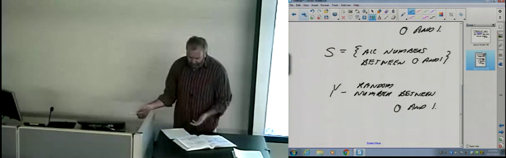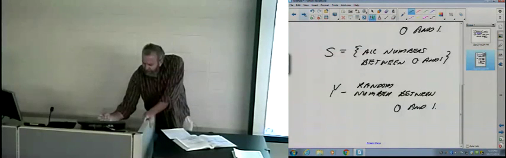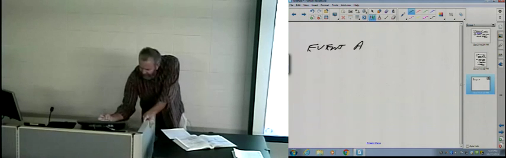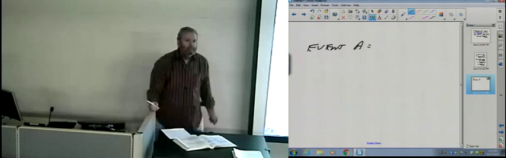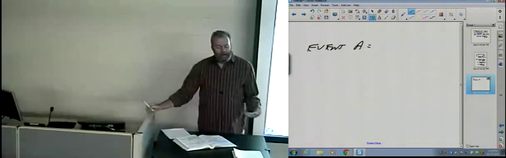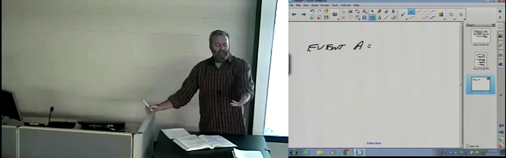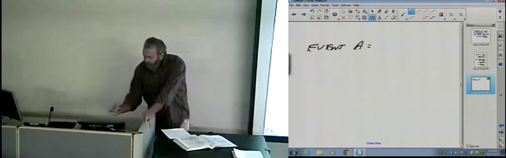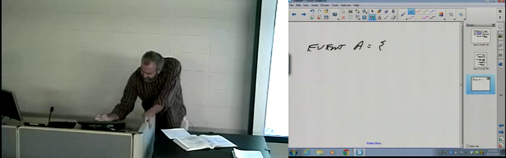So, for example, an event here would be, let's say I had an event A. Remember, I like to use capital letters at the beginning of the alphabet. An event is supposed to be some collection, some subset of outcomes from your sample space. Suppose I put it like this.